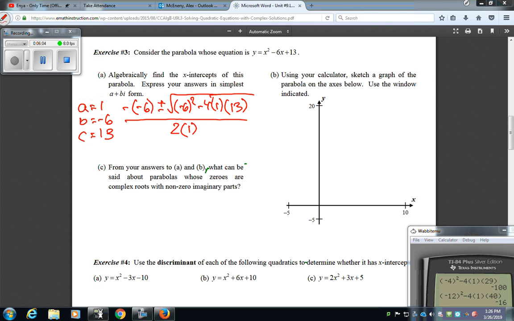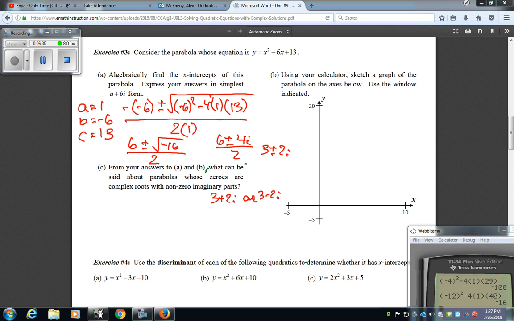So I'm going to have 6 plus or minus. In the case of the radical, we're going to get negative 16 for this part, and that's going to be over 2. So that negative 16, like we just talked about, is 4i. So this will be 6 plus or minus 4i over 2, which ends up being 3 plus or minus 2i. So we got 3 plus 2i, 3 minus 2i.